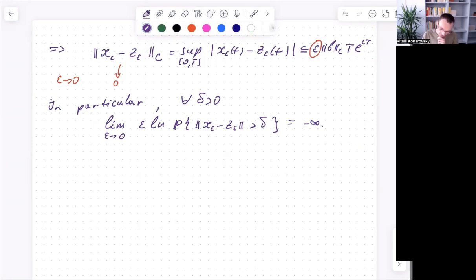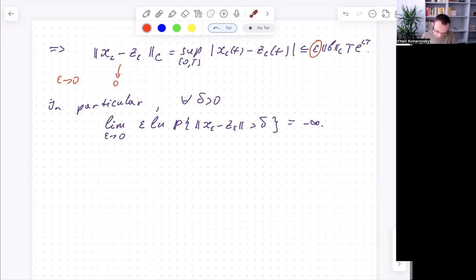And later you will see that this condition is enough to claim that if one family satisfies the large deviation principle with some rate function, then another family satisfies the same large deviation principle with the same rate function.